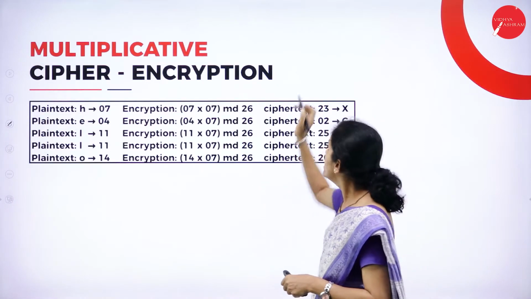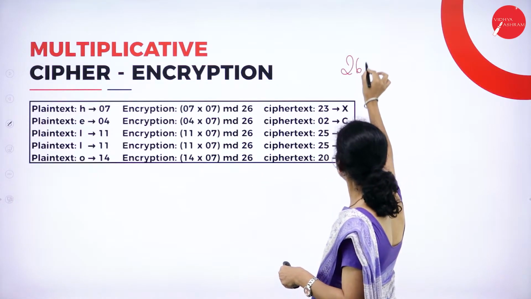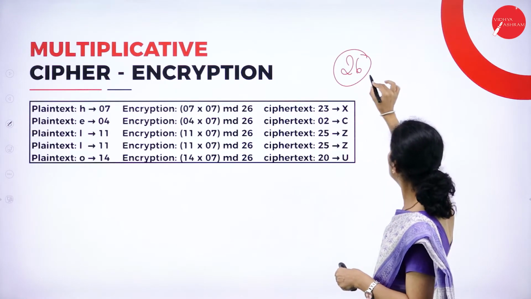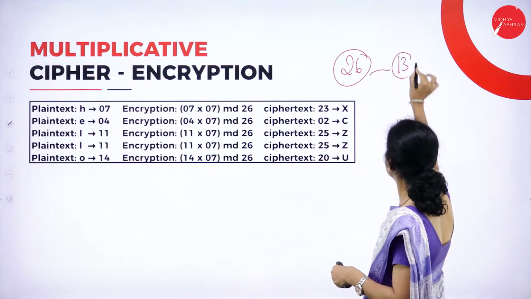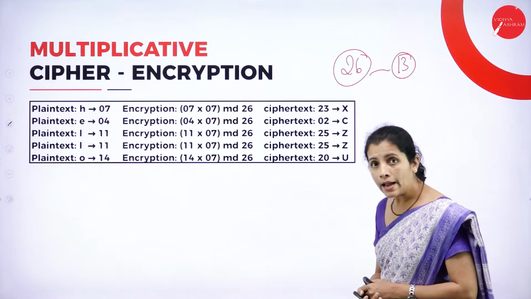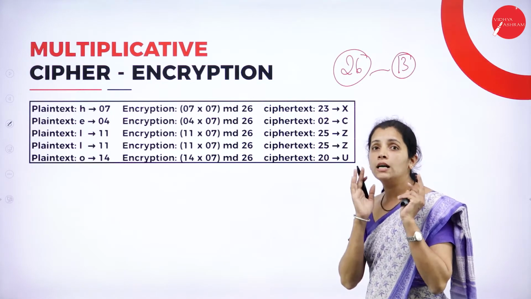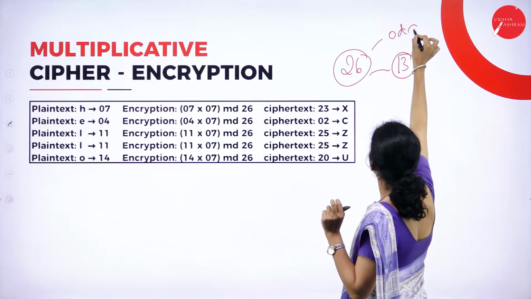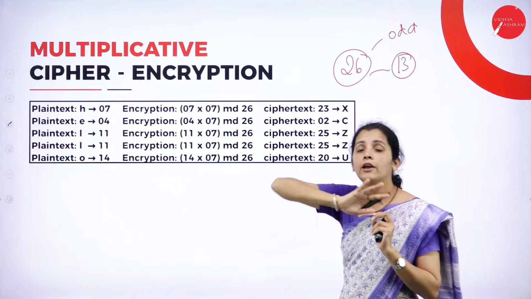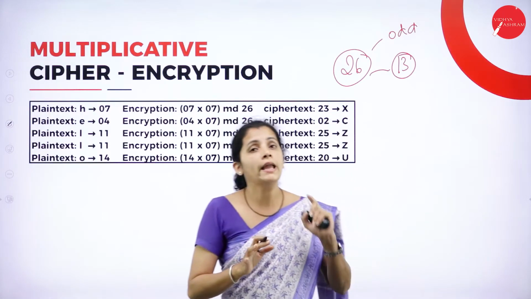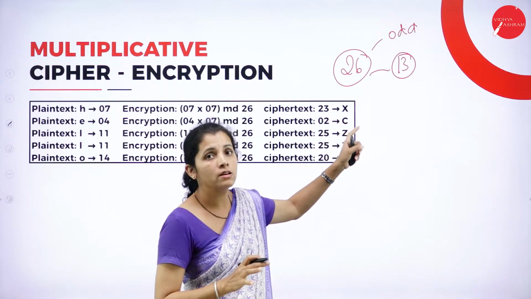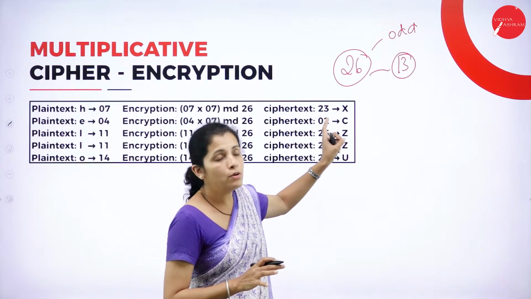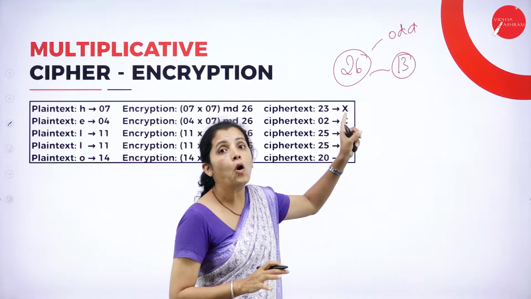That means if I have 26 alphabets, I can generate only 13 inverse keys. And here I am going to consider only odd numbers. That means for the even numbers, I cannot generate any inverse. So I can generate an inverse only for the odd numbers.